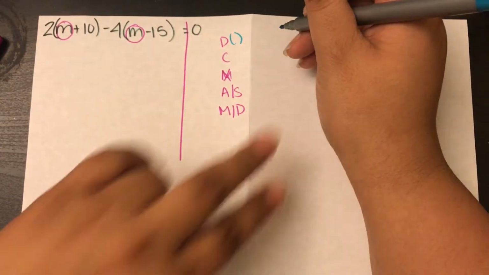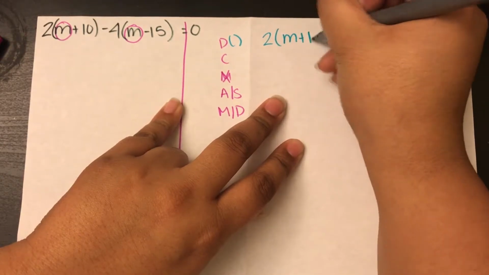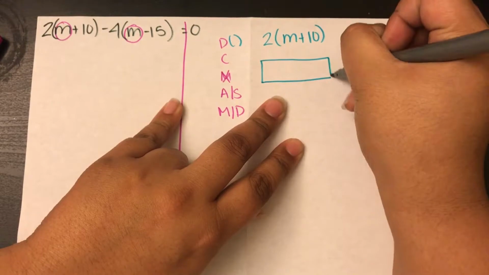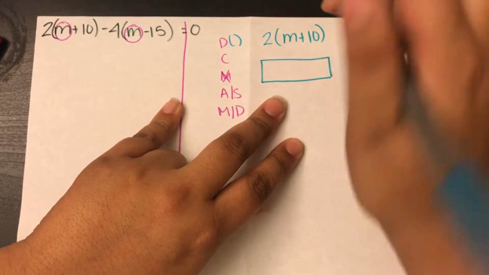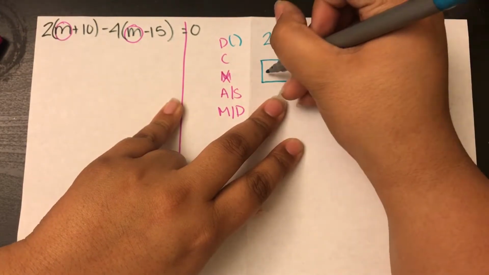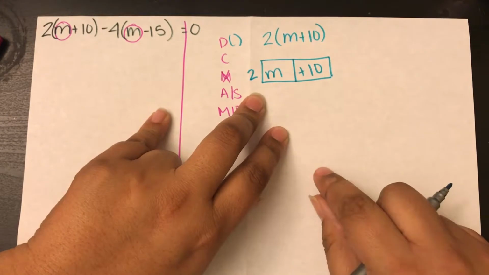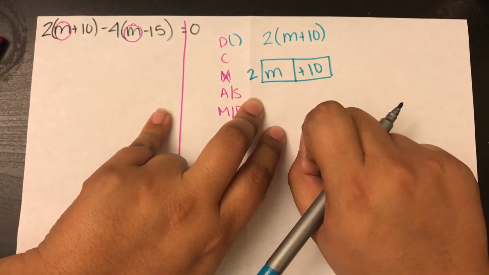So I have my first distributive property, which is this 2 times m plus 10. I am going to use the box method. Since there's 2 terms inside of the parentheses, it's going to go inside of the box, m plus 10, with the 2 on the outside. I know I don't need dead man because none of my numbers are negative.